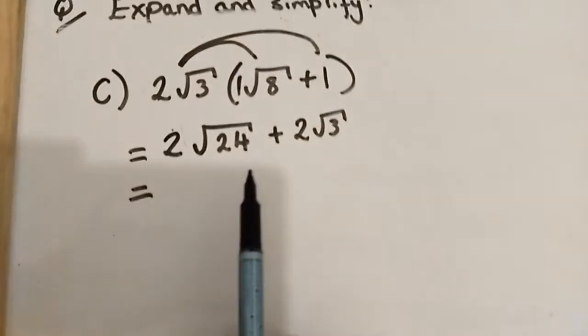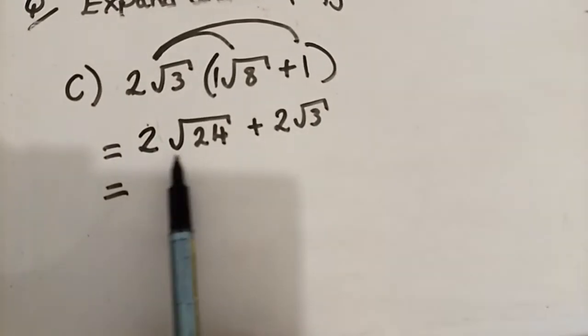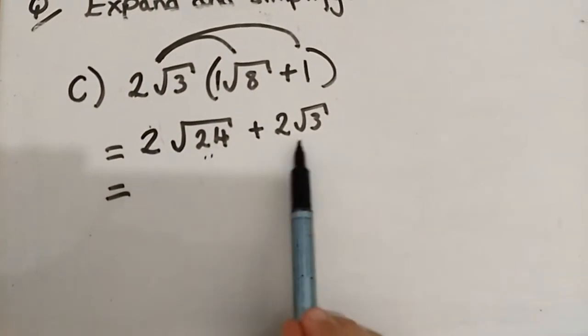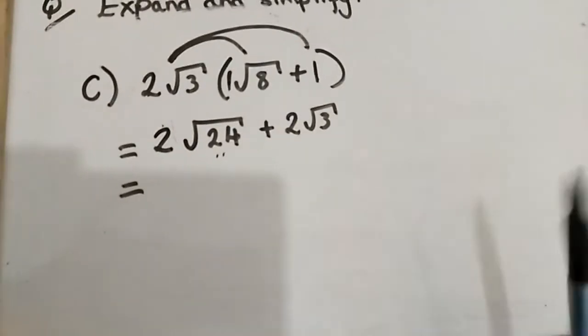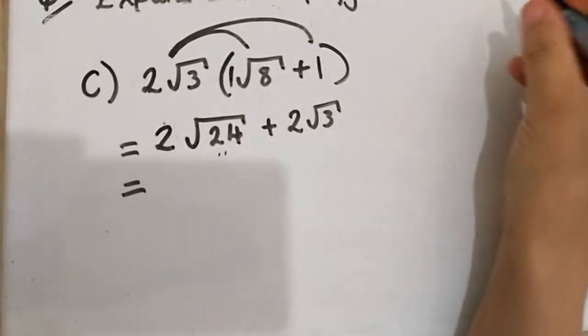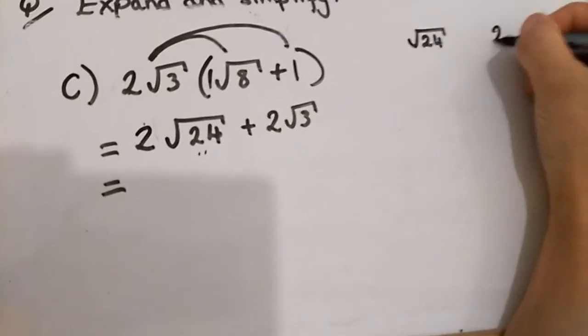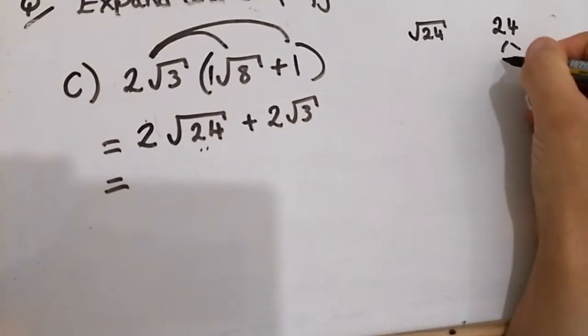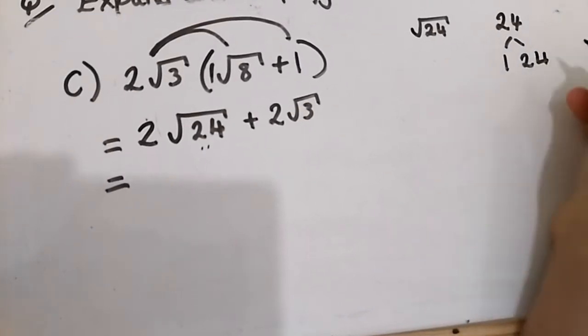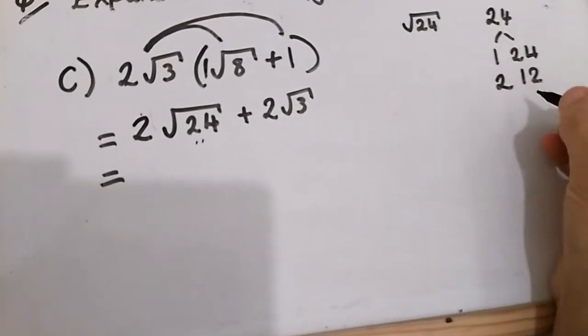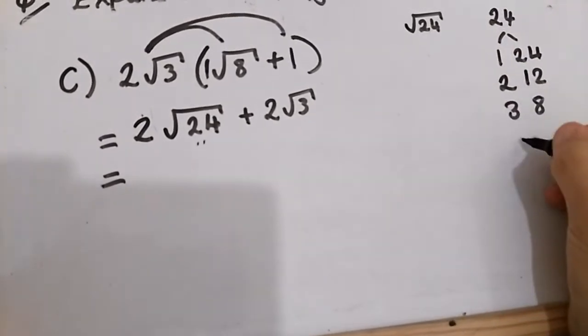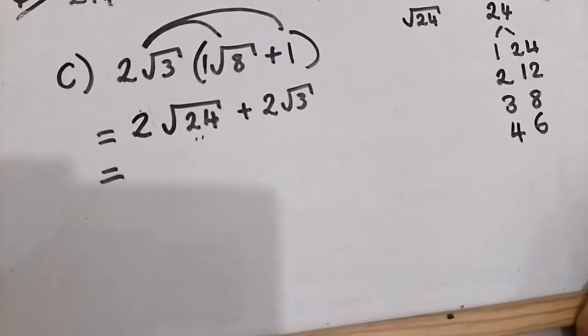Have a look at your answer and see if you can simplify anything. So the root 24 can be simplified. 2 root 3 is in its simplest form, so we're not going to do anything with that. So take the root 24 to the side and simplify it. Factors of 24: 1 times 24, 2 times 12, 3 times 8, 4 times 6.